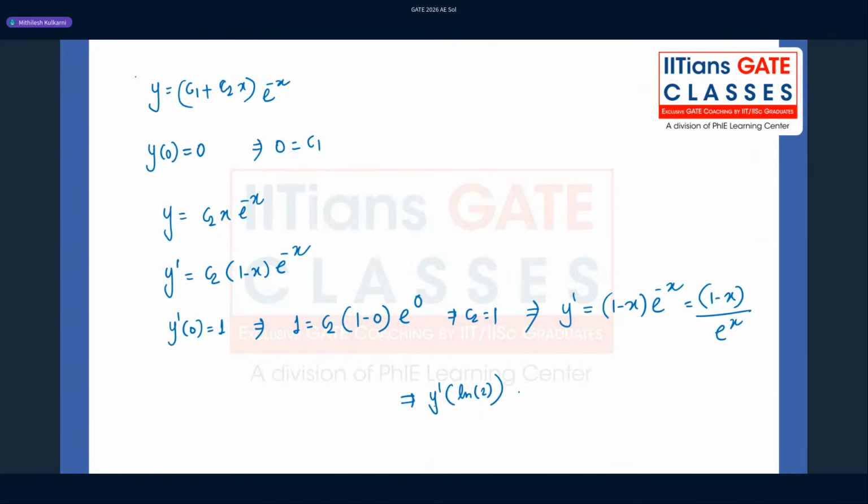So y dash of ln of 2 is equal to 1 minus ln of 2 divided by e to the power ln of 2. So 1 minus ln of 2 divided by 2, which is 0.153. Okay, 0.153.